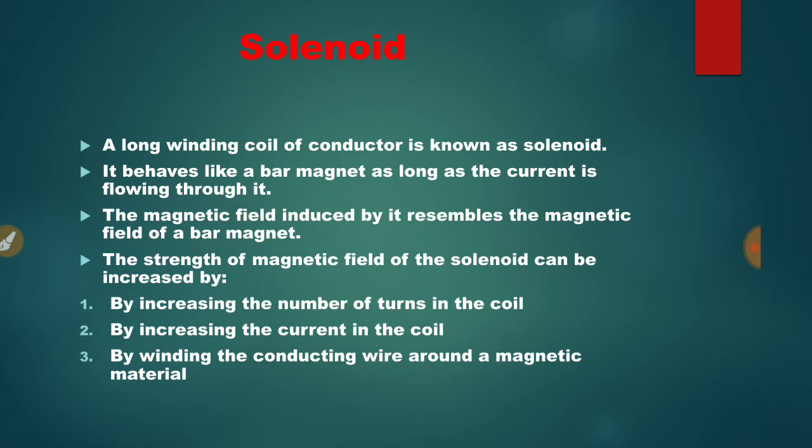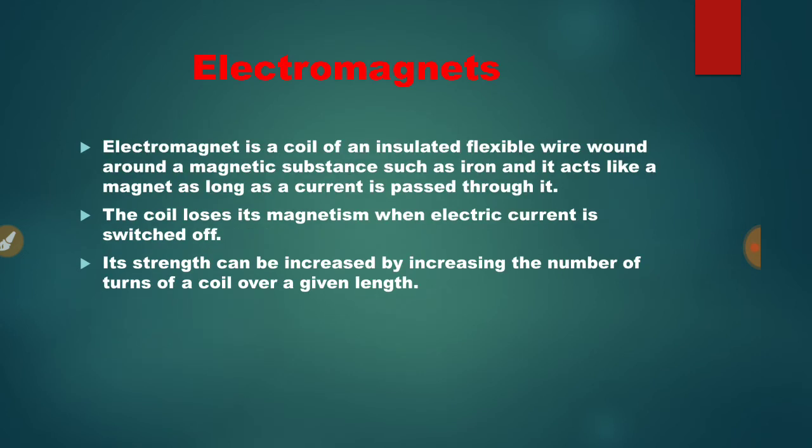Third, by winding the conducting wire around a magnetic material. Suppose we take an iron piece and coil the wire over it, then its strength becomes double, and this is known as an electromagnet. So what is an electromagnet?